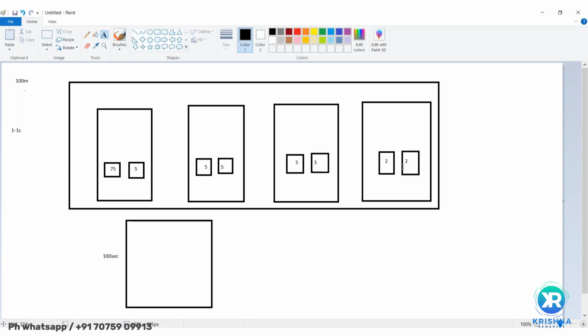Prasad, how much time will it take to retrieve the data from the system when it is already distributed like this? 75 seconds. Do you know how? Don't know, sir.